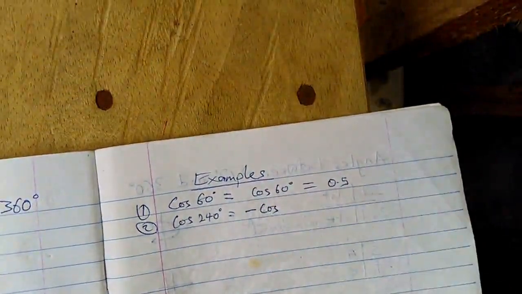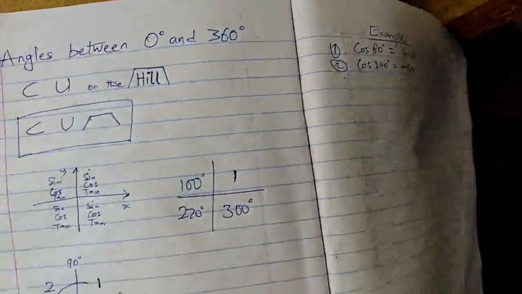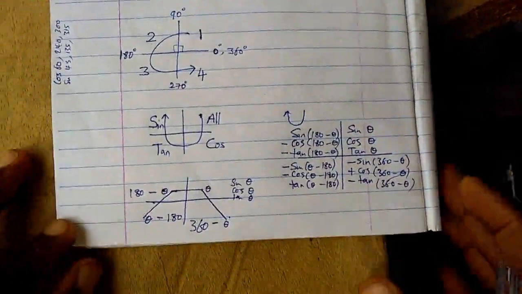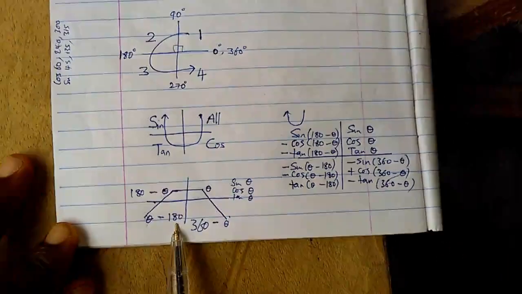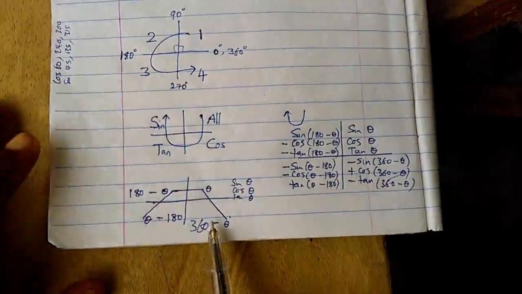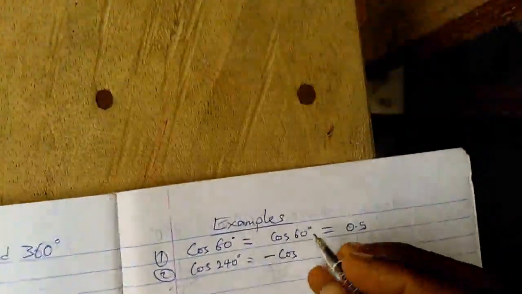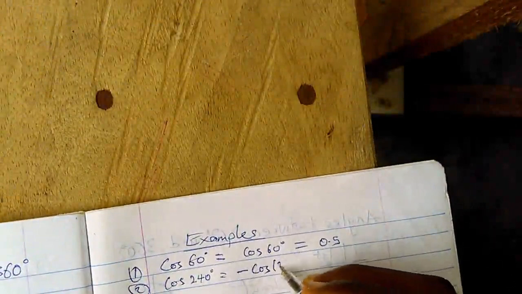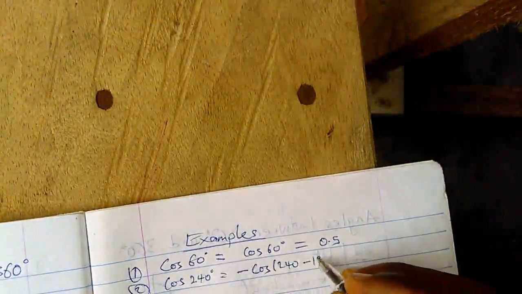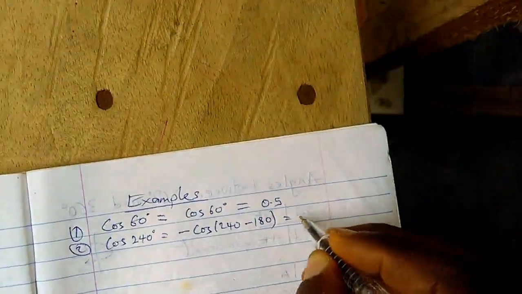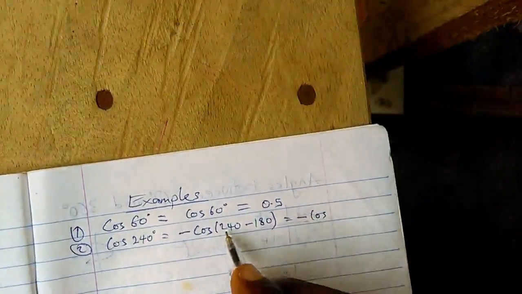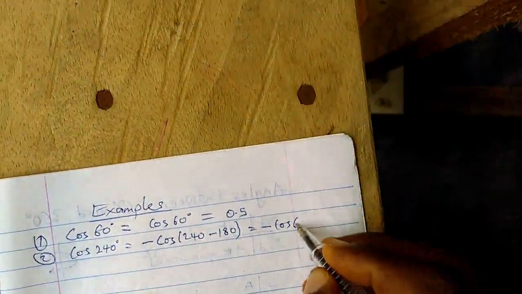cos. Now, in the third quadrant, how do we handle the angles? It will be the angle given minus 180. We are given 240, so it will be 240 minus 180, and that will give you minus cos. 240 minus 180 is 60.